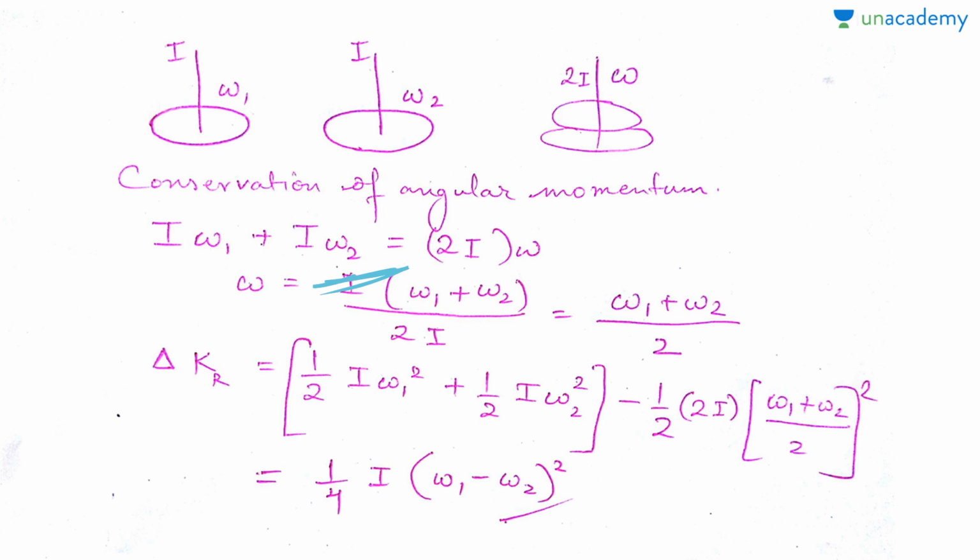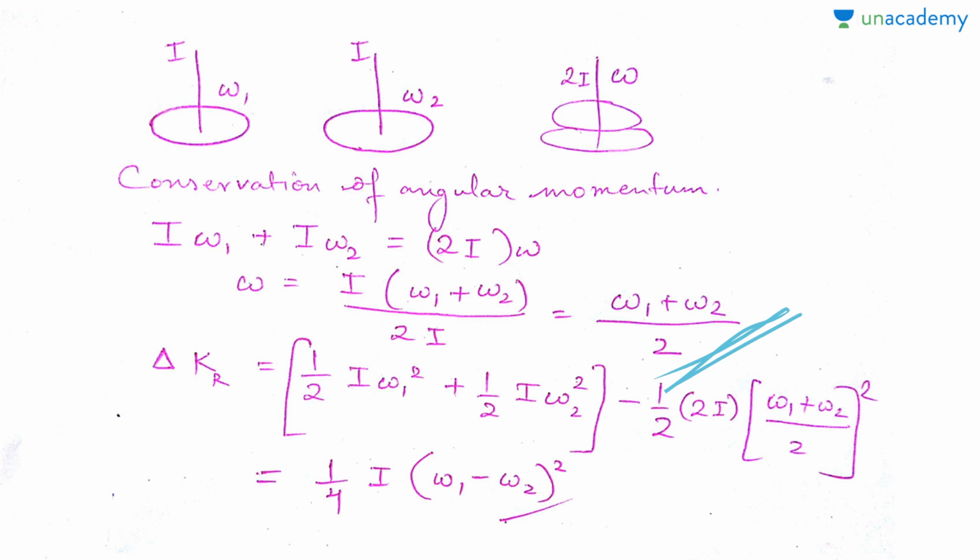Finally, what is happening? Since this has become a single system, I will become 2I, so we get 2I omega. From here I cancels out, and we get omega as omega 1 plus omega 2 upon 2.